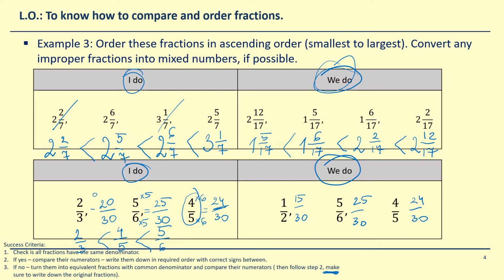So the smallest one is a half. Again, when we order them, we need to write the original fraction, not the equivalent. This one is smaller than 4 over 5, which is smaller than 5 over 6. If that's what you've got, well done.